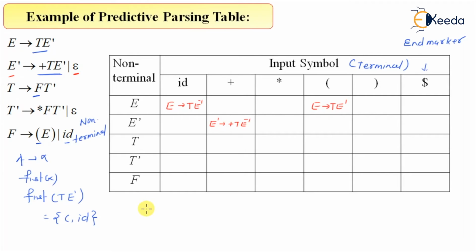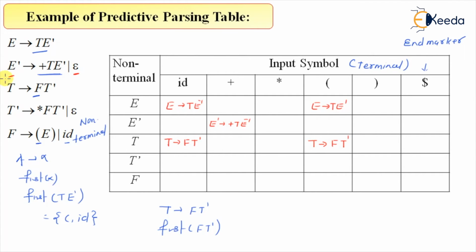The next production is T derive F T dash, and it will go to first of F T dash. First of F is opening bracket and id, so T derive F T dash goes under opening bracket and id.